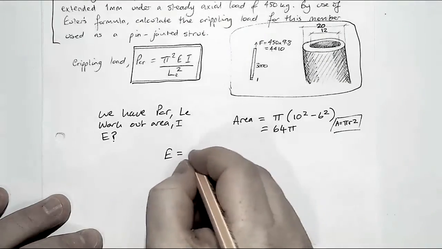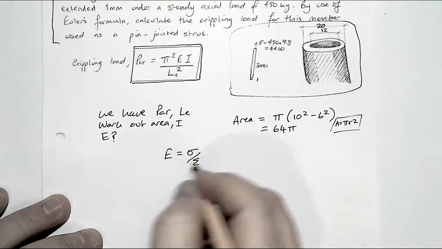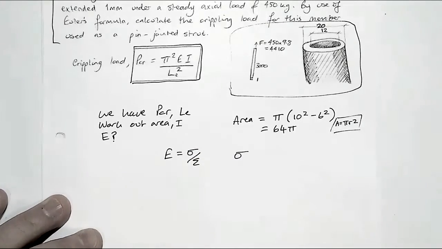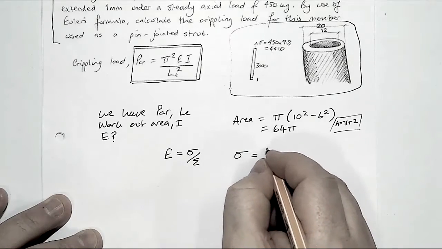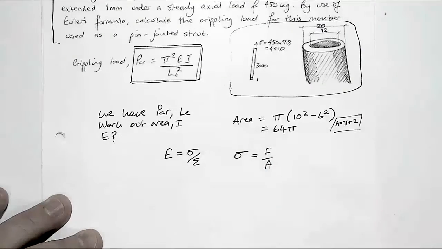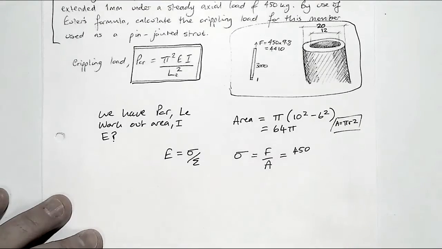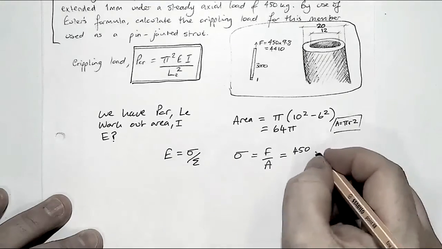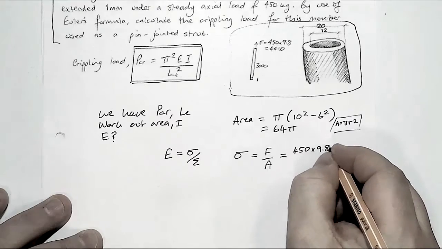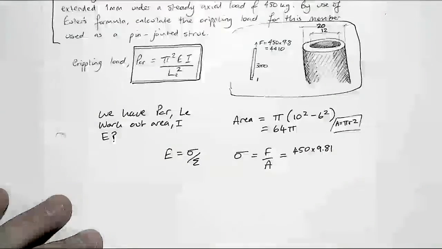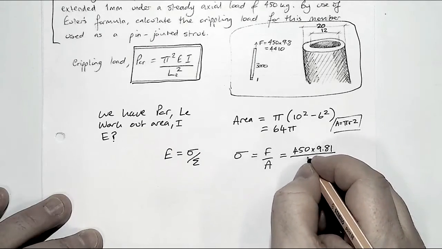From Hooke's law, we got stress over strain. Our stress is force over area. Our force is 450 kilograms multiplied by 9.81 to put it into newtons, divided by our area.